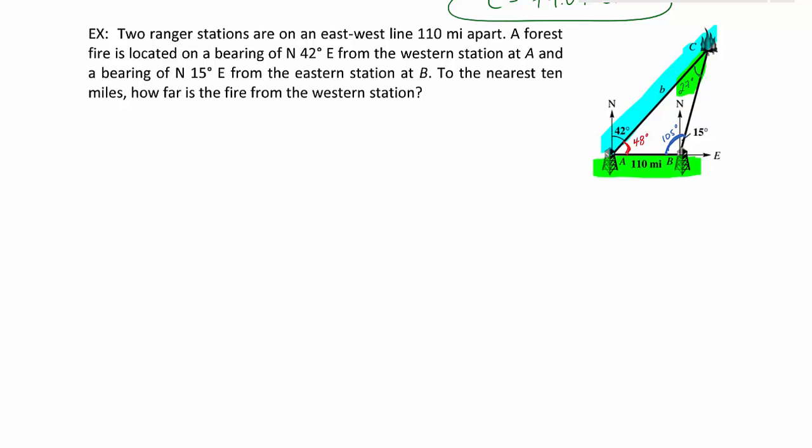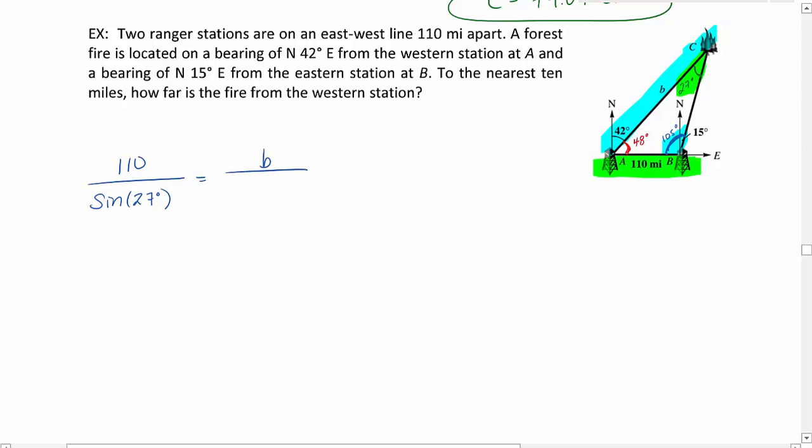And then the side we're trying to find is B, so we're going to use the angle opposite that right here, the 105, to set up our proportion using law of sines. All right, so that means 110 over sine of 27 degrees is equal to our side B over sine of 105 degrees.